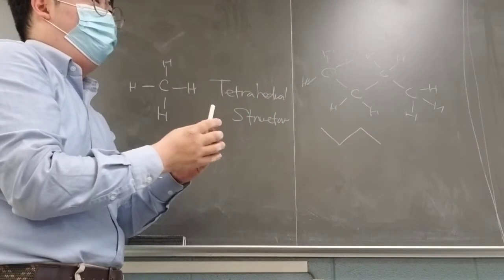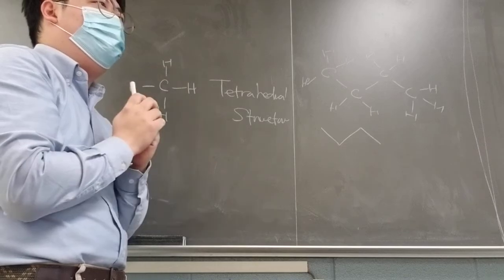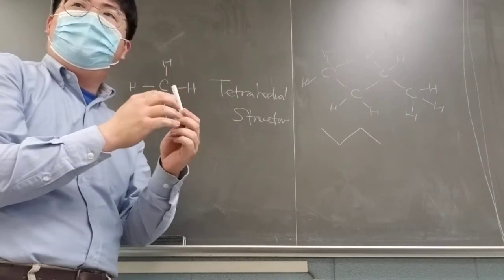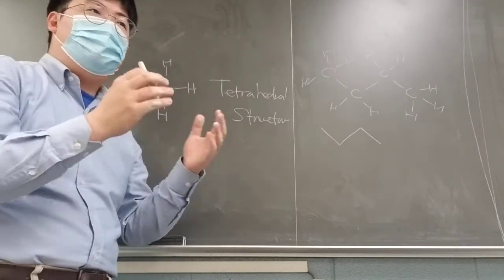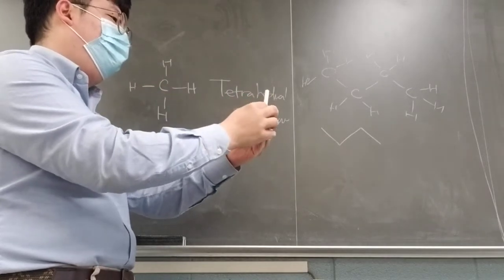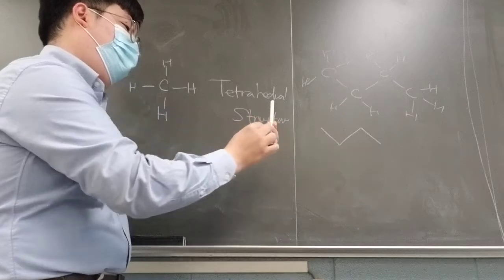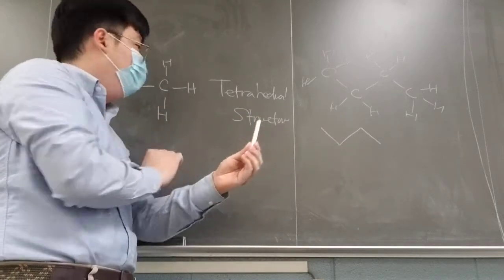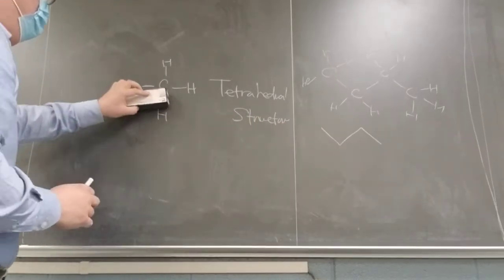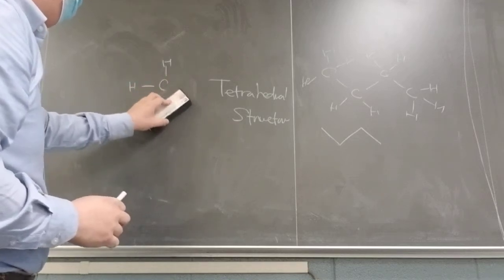If you try to find the 3D structure of methane, you can also Google it on the internet. You can find one bond here, here, here, and here.